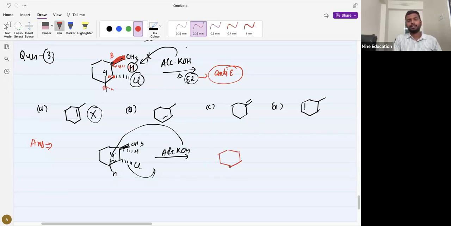So which alkene will I make here? This one, and this will be RCH3. Do you understand? So our answer will be B. Those who have said B, Samruth, Tejal, and Kishan Verma, very good.